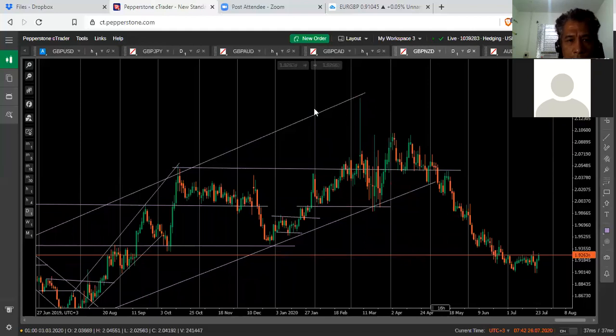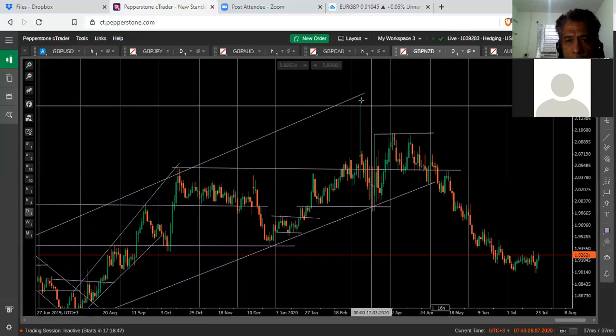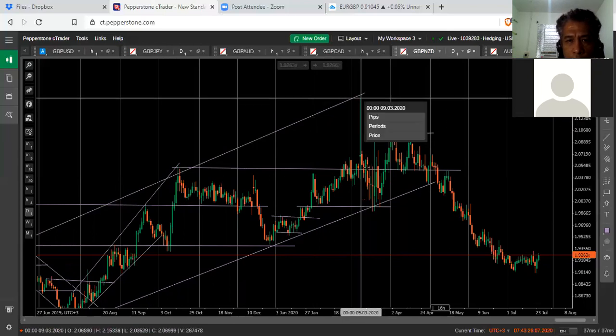As you can see here, as the market tried to push this up, it was not able to make another swing high or higher high. Instead, the market made a lower low. You can see it here. From here, swing high, lower low.